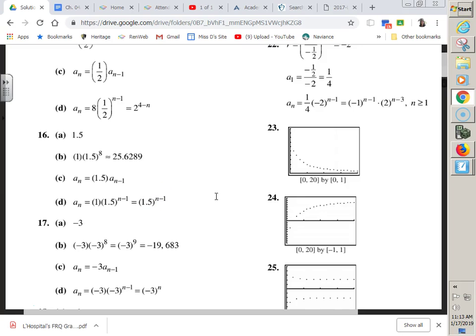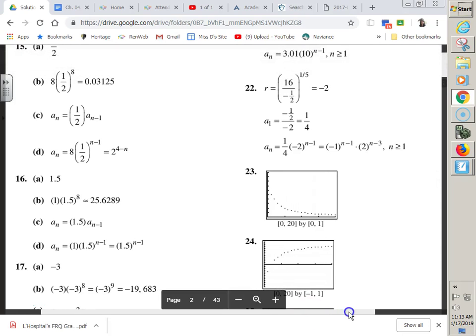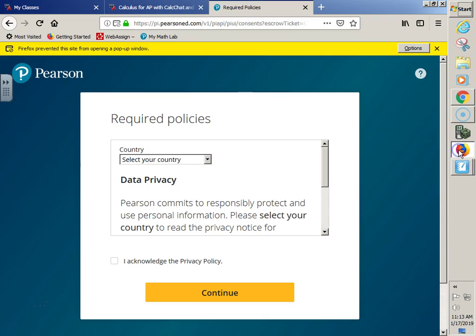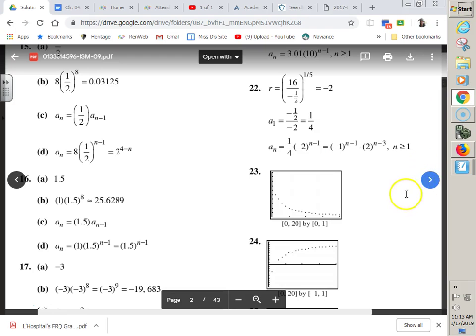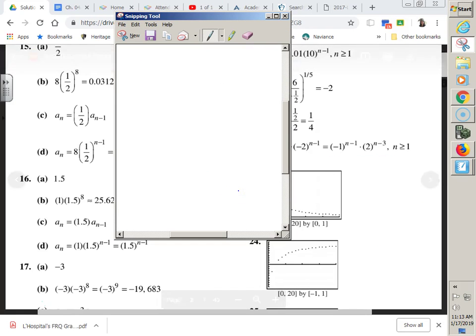Was 22 next? Yes. It took me a while because I thought it said fifth number, but it's the second and 7th number. What was given in number 22?